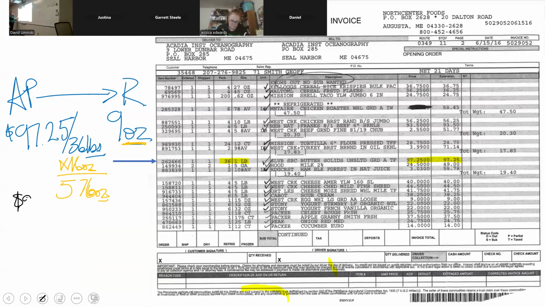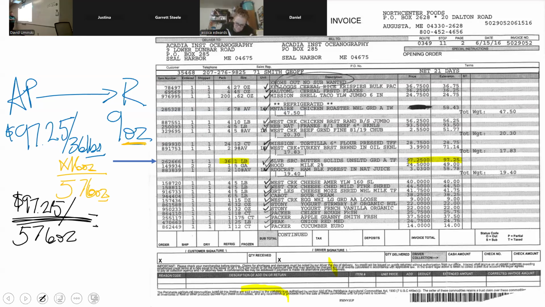So $97.25 divided by 576 ounces. 97.25 divided by 576.